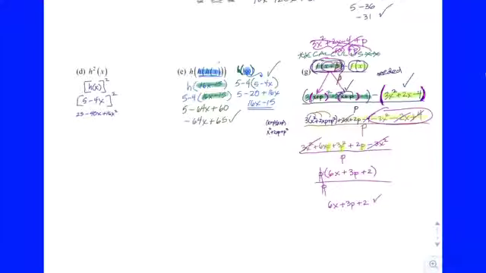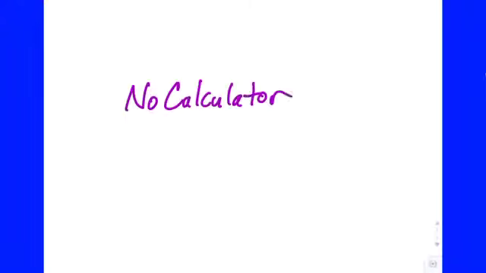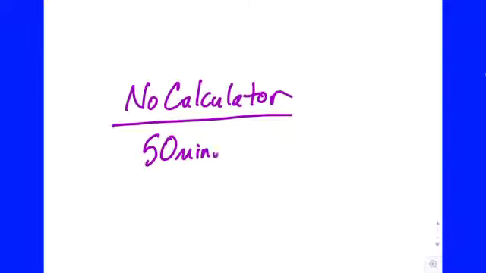Okay, so that's it. That's all that we're going to test over tomorrow. You're going to have no calculator available on the test, but you won't need one, okay? You're going to have the entire 50 minutes. So come in tomorrow ready to go. You're going to need a pencil, and you're going to need blank scratch paper, which I will have on that table over there.